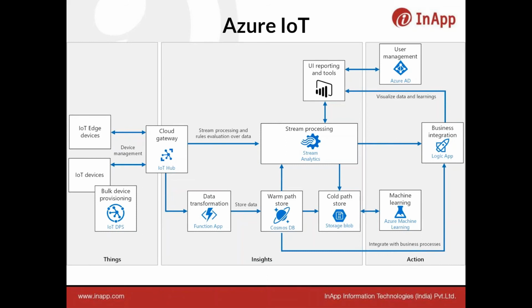Then data transformation can be there, you can do warm path storage. These are all specific terms for Azure IoT, and stream processing and reporting tools are there. Analytics are there. So everything that is available in AWS is also available in Azure IoT.